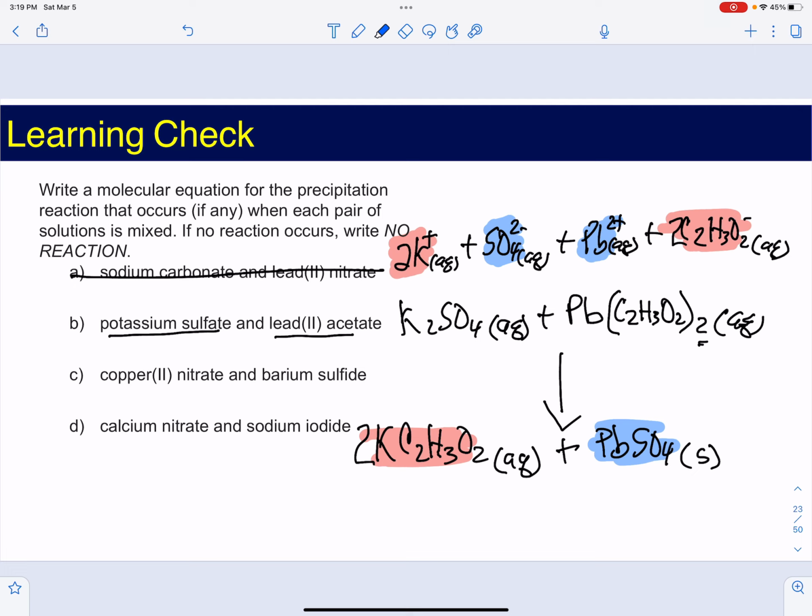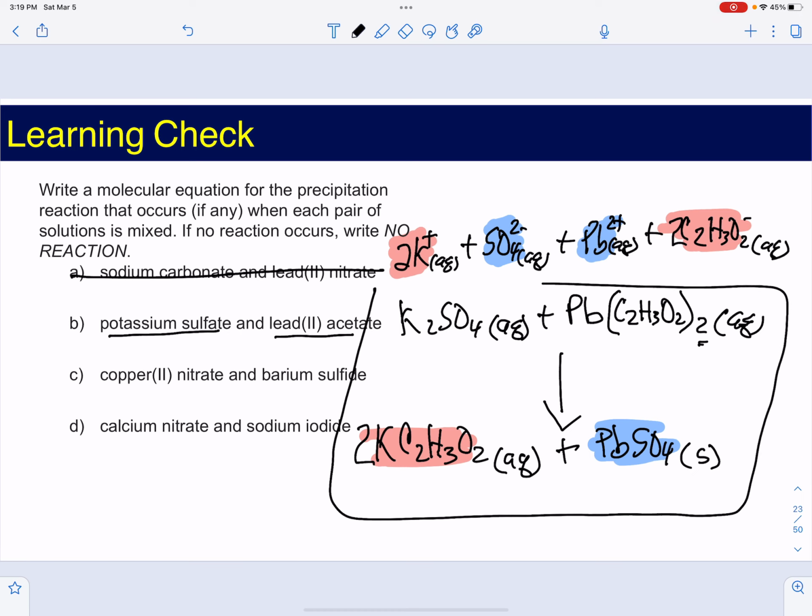So when we put all this together, that is my molecular equation. Okay, 2 potassium, 1 sulfate, 1 lead, 2 acetates, 2 acetates. So that would be my molecular equation. What about C?